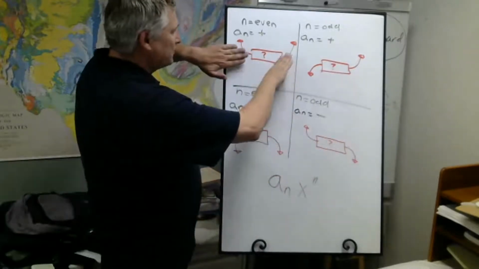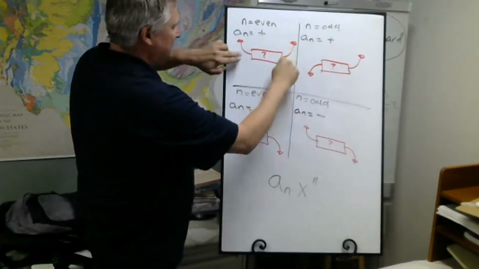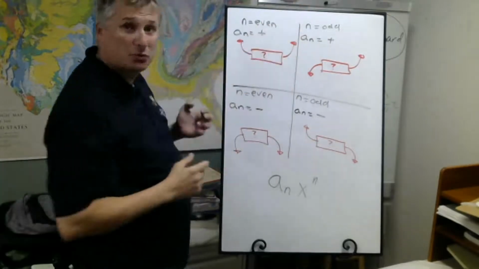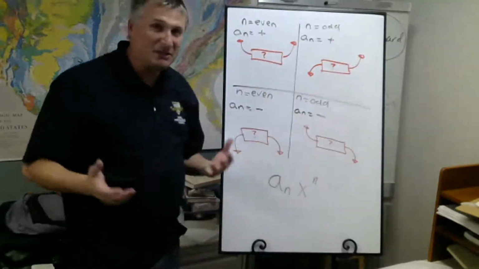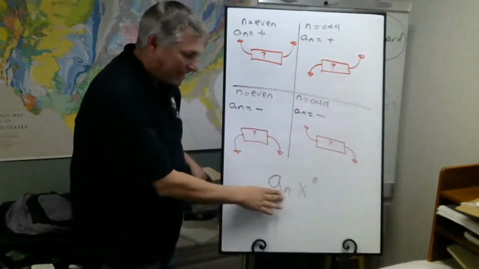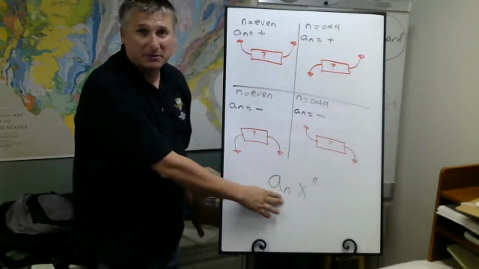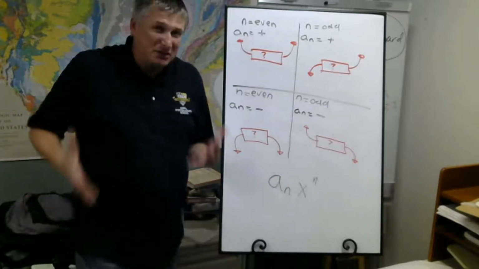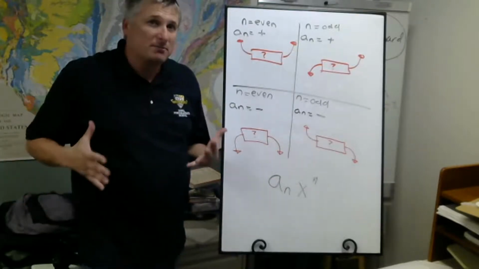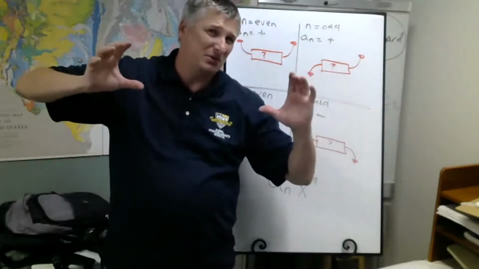But once we head out towards the infinities, for this being even, this being positive, it eventually just shoots up. And then we see different behaviors depending on if n is even or whether or not a sub n is positive or negative. Or this could be odd and this is positive or negative. So we can make consistent assumptions about these polynomials at the extremes. The middle's still going to be a mystery.